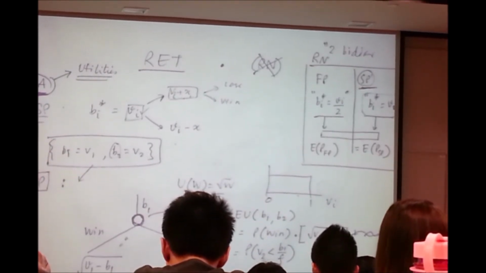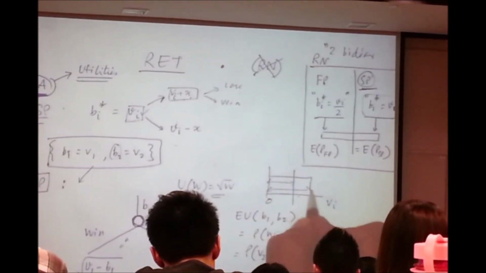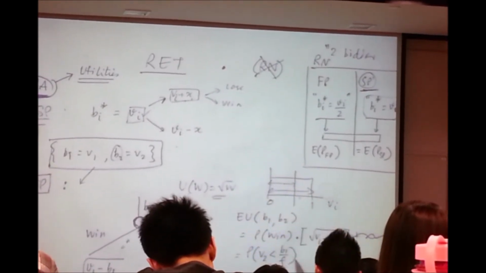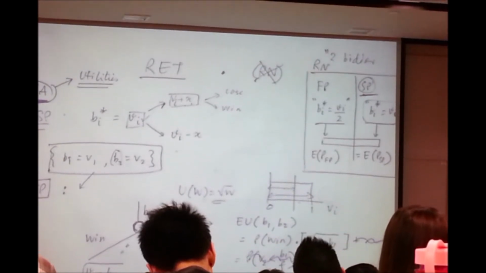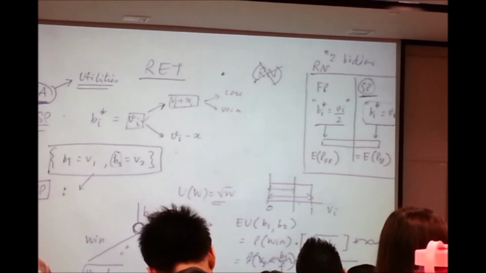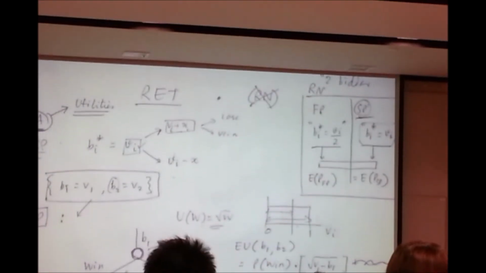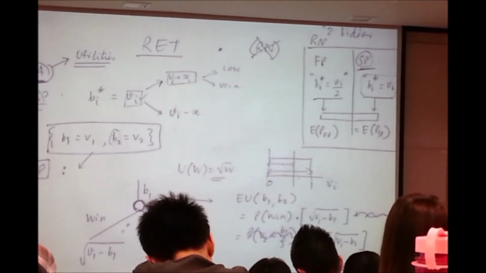And B2 less than B1 over F, we found, is this line segment over this line segment, B1 over F over 1, which is B1 over F. Got it? This is the expected utility of bidding B1 when the other guy is bidding B2.